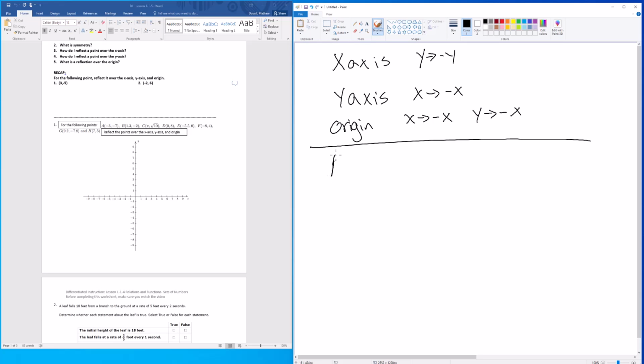So let's look at point A. -3, -7. So if I wanted to reflect it over the x-axis, that means that I need to add a negative to the y. So it becomes -3, and if I add a negative to the y, it becomes +7.